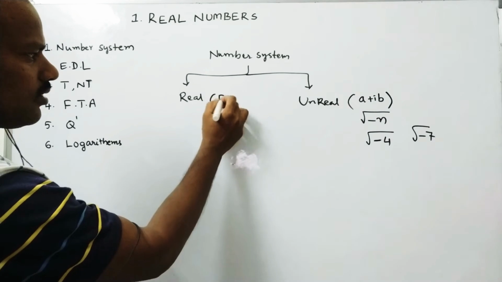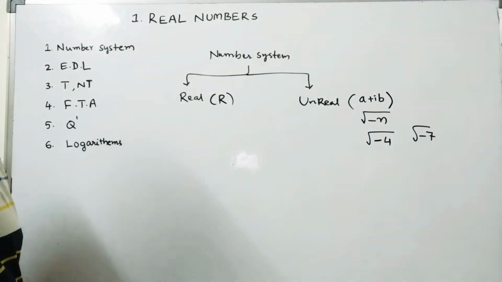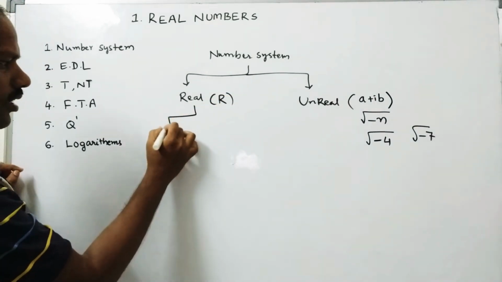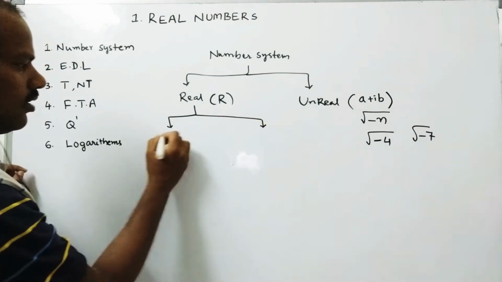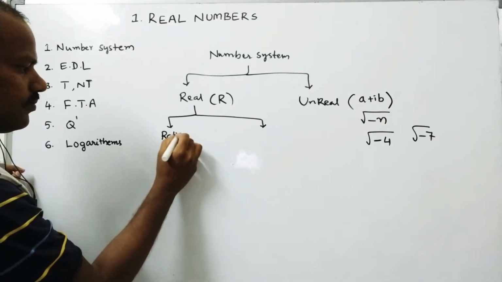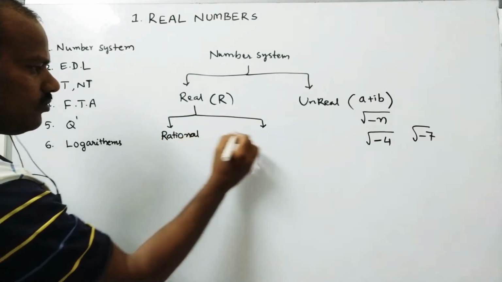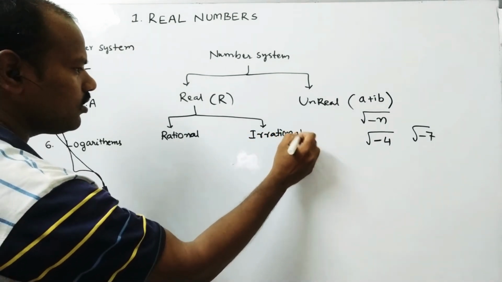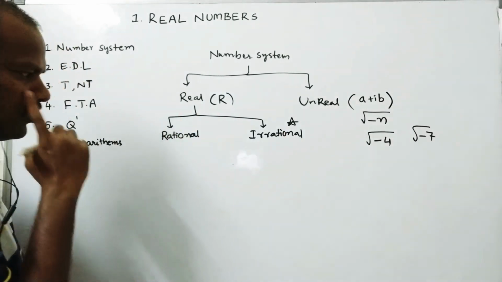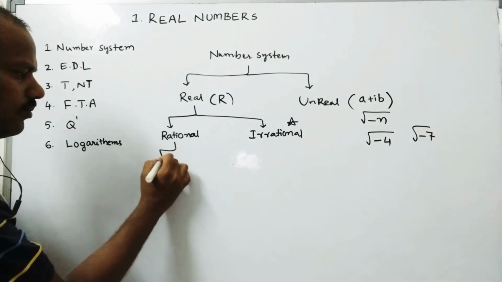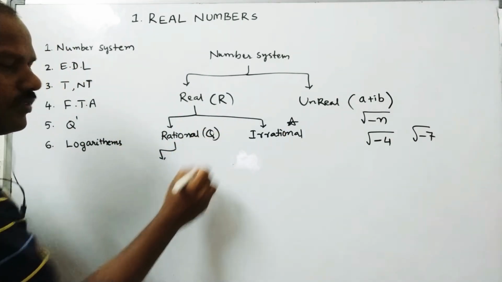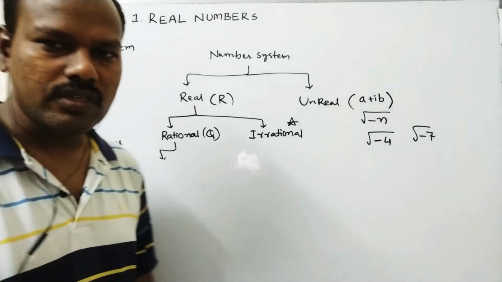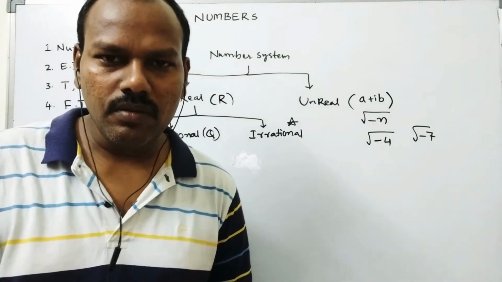Real numbers are denoted by capital R. Under real numbers we have rational numbers and irrational numbers. Mostly our focus is on these only. Rational numbers are denoted by Q, in the form p by q, and their decimal forms are terminating or non-terminating recurring.